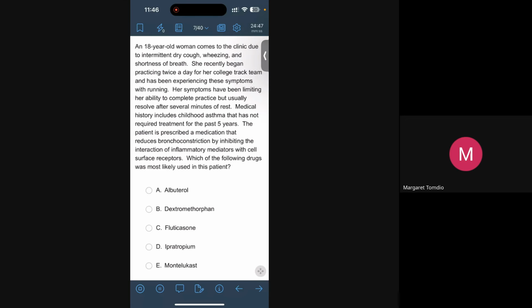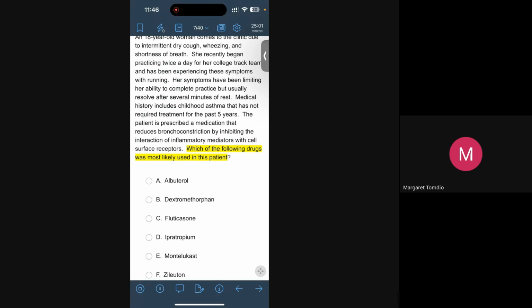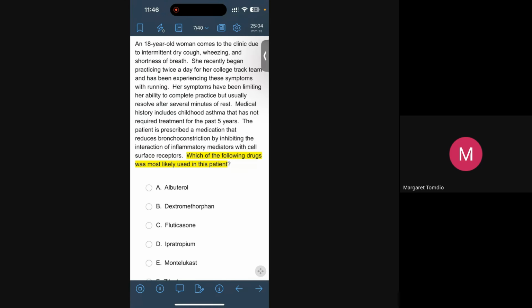Which drug is most likely used in this patient?